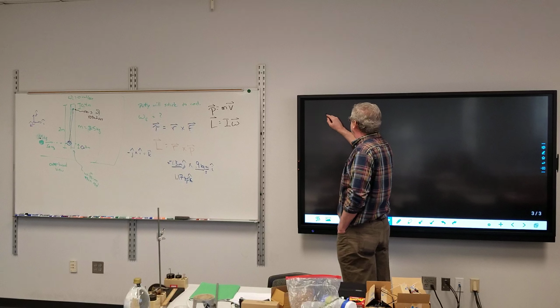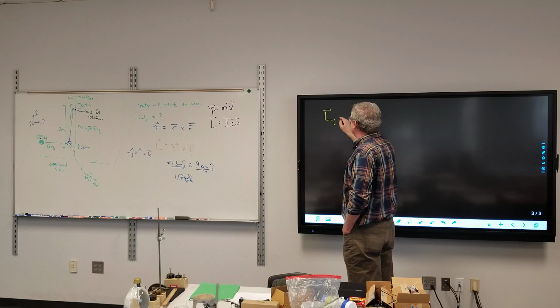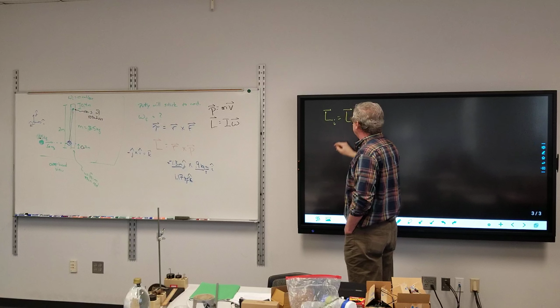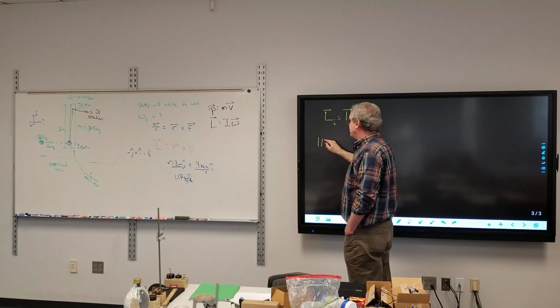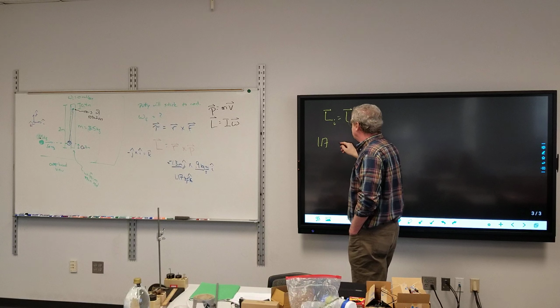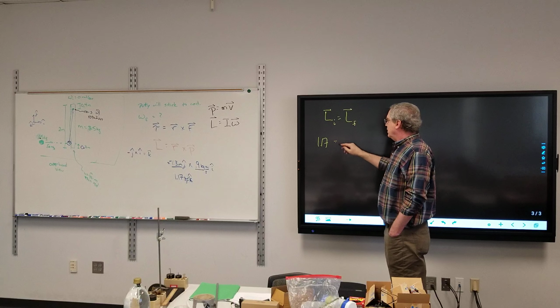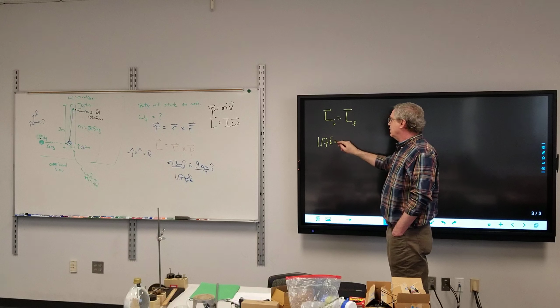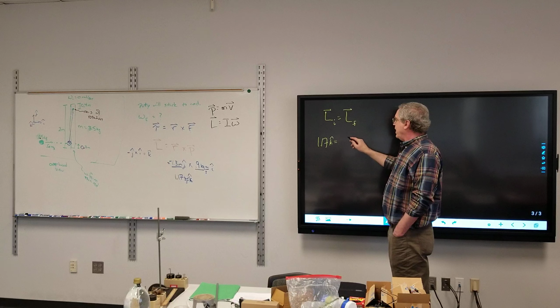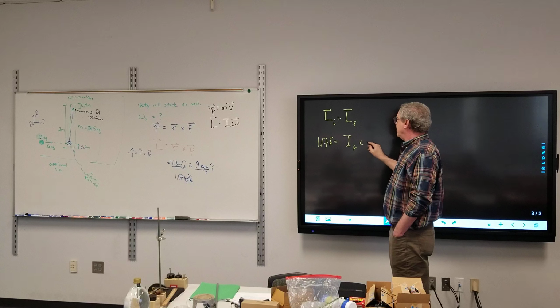I know that my initial angular momentum equals my final angular momentum. So I have 1.17, technically k hat, is equal to afterwards, which is I final omega final.